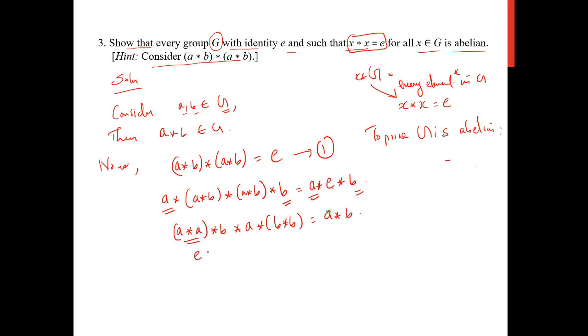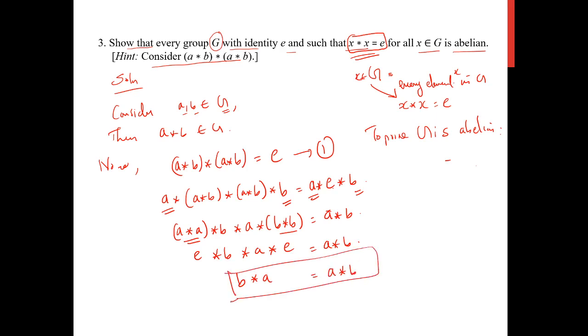Now A star A equal to E, that is E star B star A star B equal to E, because any element we take from G, X star X equal to E. So this is A star B. Now E star B is B itself, so A star B is equal to B star A. For all A, B belongs to G, therefore G is abelian. Thank you.